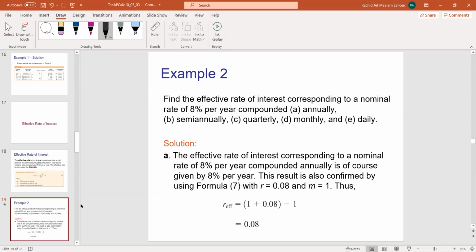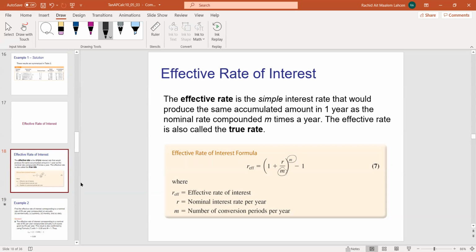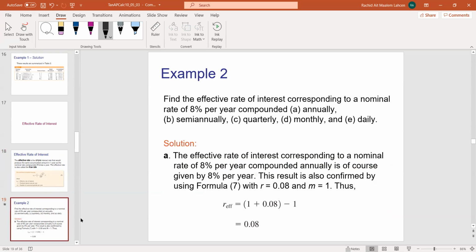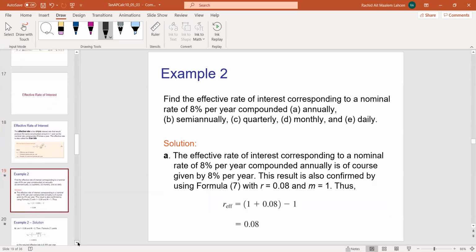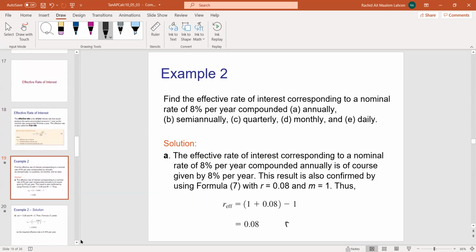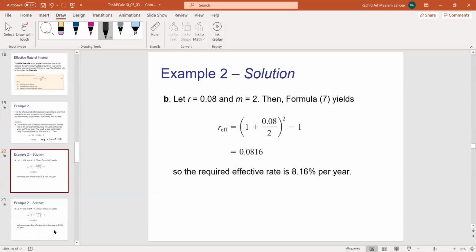So let's look at the previous example, 8% compounded once, and we use this formula 7. So we just set up these numbers and we get the same thing. So for 1 year, that's the check. For 1 year, this is the same as the nominal rate, exactly the same.